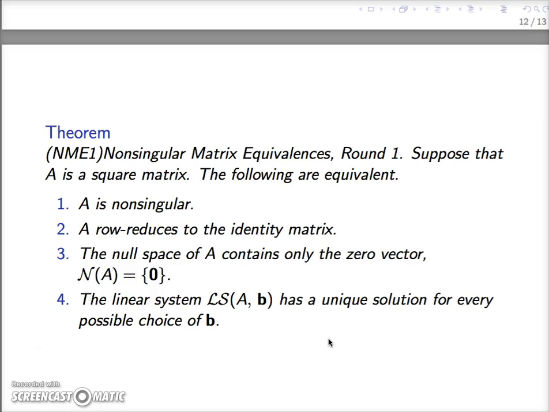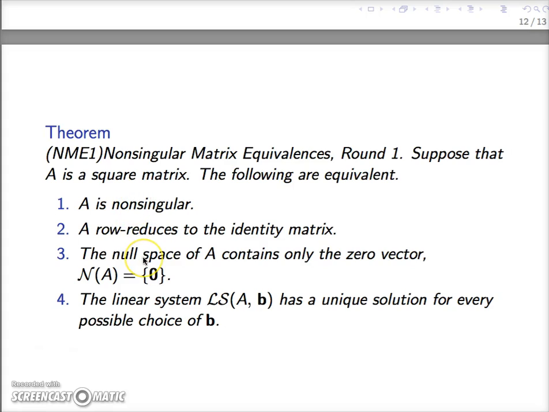We will revisit this theorem several times, but it is important that you start realizing that these are equivalent statements, which means that each of statements 1, 2, 3, and 4 implies all the other three. So if A is non-singular, that implies that A row reduces to the identity.